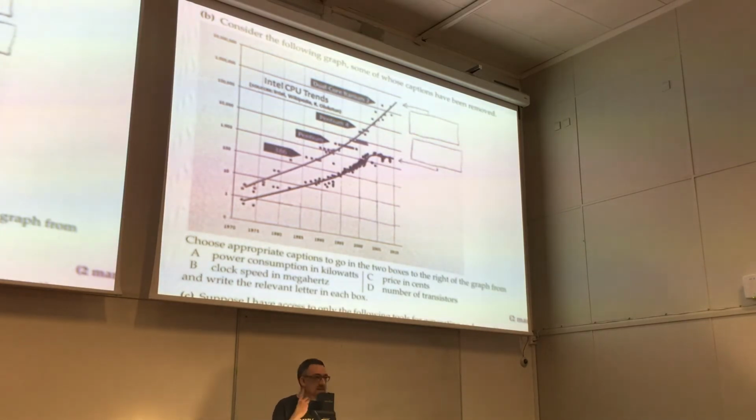So what we're basically saying is that we're well into billions of transistors in a processor. And since the invention of the silicon chip, we've been basically able to double the number of transistors in a processor every year or two.